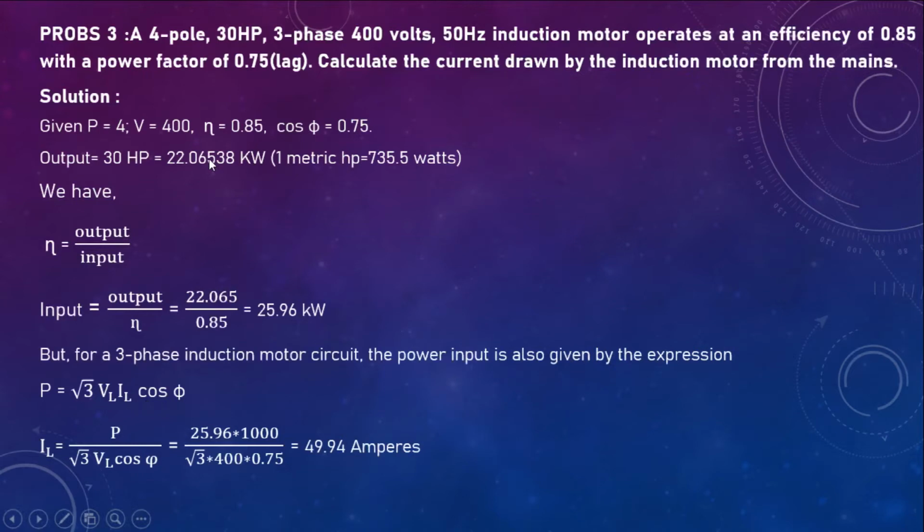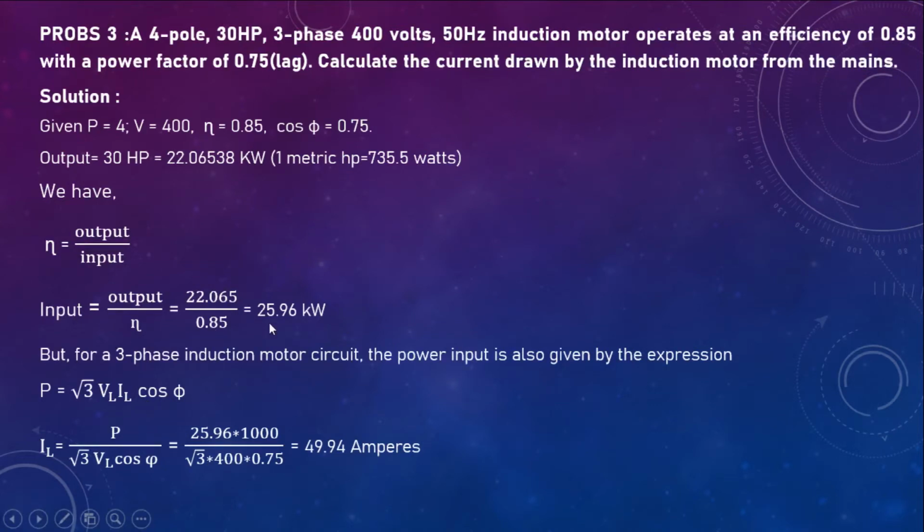To find the current drawn by the induction motor, we have the formula: input power P is equal to root 3 VL IL cos phi. From this we can find the line current IL. To get the input power P, we take the output of 30 HP and convert it into kilowatts, which gives 22.06 kilowatts.